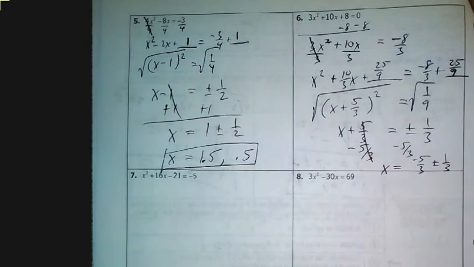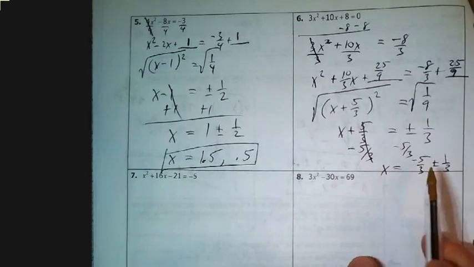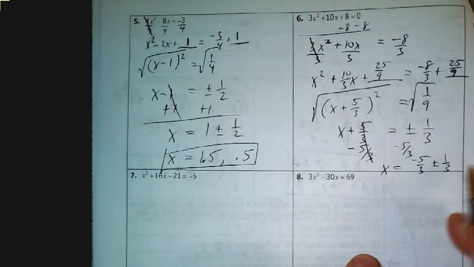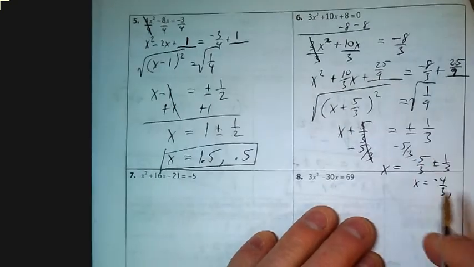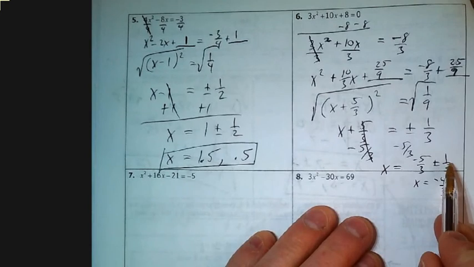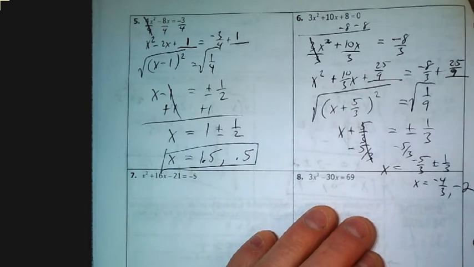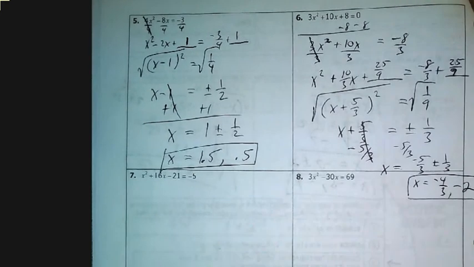Your calculator will do this, but you shouldn't need a calculator. What's negative 5 plus 1? Negative 4. So our answers are negative 4/3 and, what's negative 5 minus 1, sorry. Negative 6 over 3 is negative 2. Negative 6 divided by 3 is negative 2. So, negative 4/3 and negative 2.